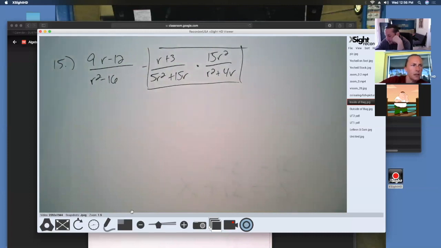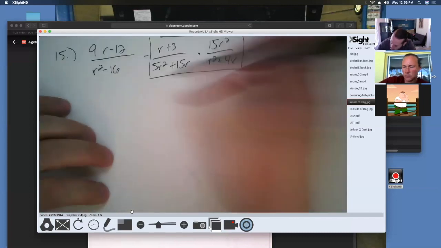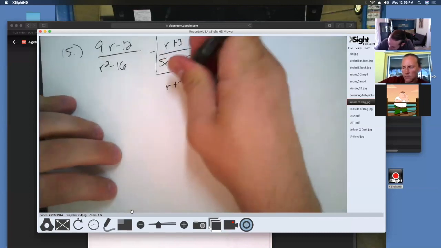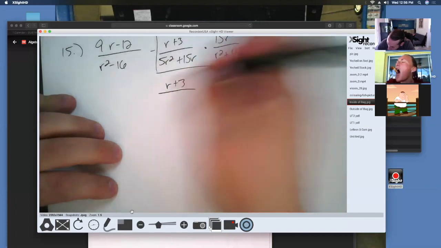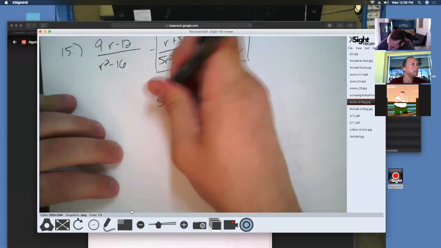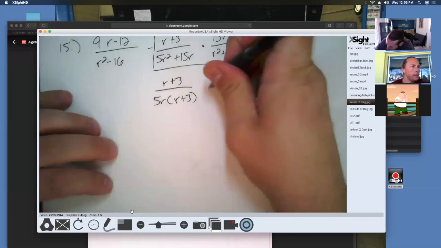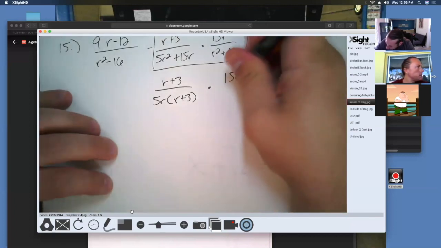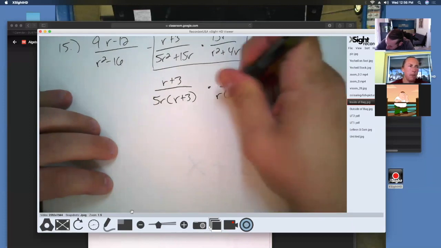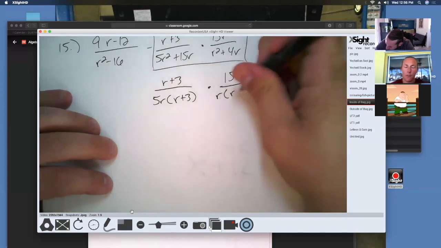I think probably the best idea would be to try to reduce first. So if I look at this, I know down here I can pull out a 5r, and I'm left with r plus 3. And over here, I have 15r squared, and I can pull out an r and have r plus 4.